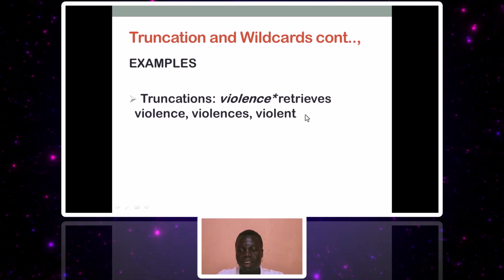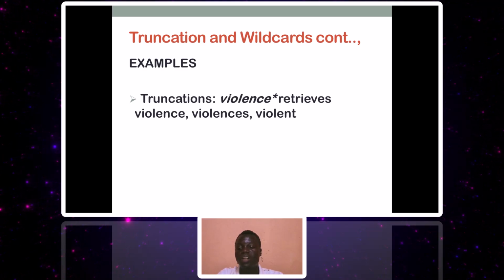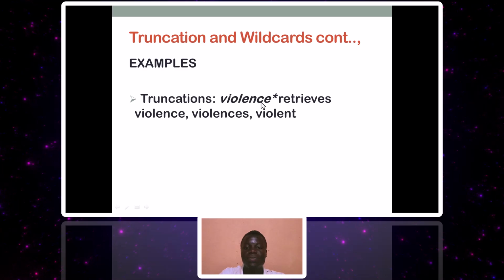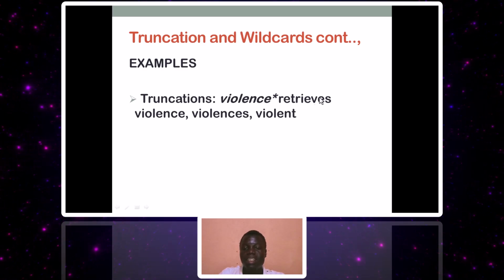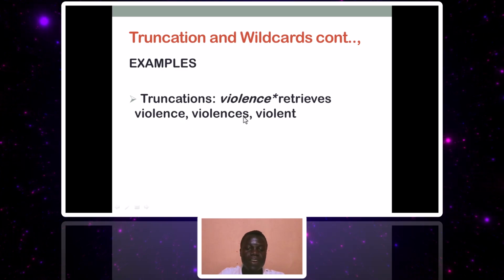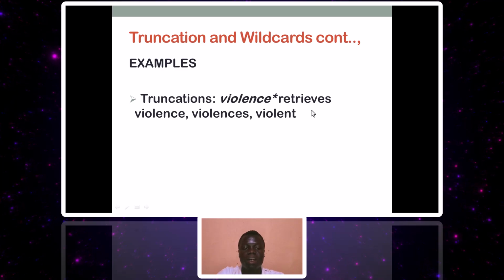Therefore, that is why we say that truncation retrieves words with different endings. So that is how important this truncation is.